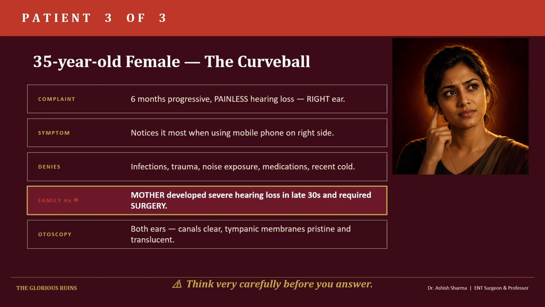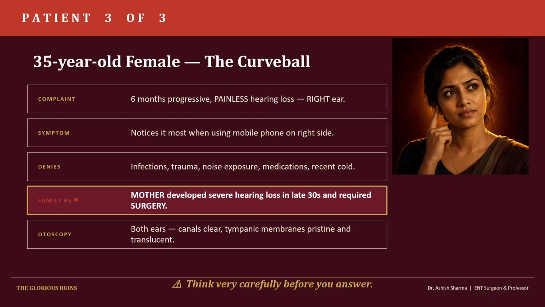So here is a 35-year-old woman, 6 months of progressive, painless hearing loss in the right ear. She notices it most when trying to use her mobile phone on that side. No ear infections, no trauma, no noise exposure, no recent cold, no medications. And then the detail that a sharp clinician notices immediately and files away like a red flag in the corner of their mind crops up.